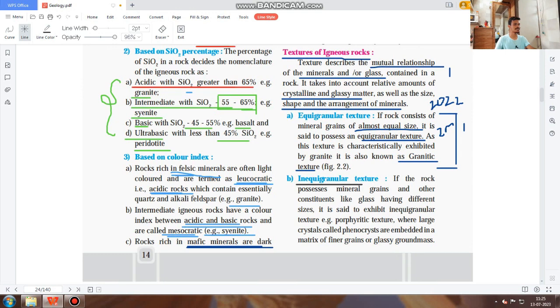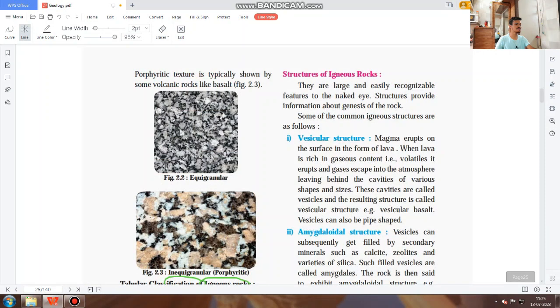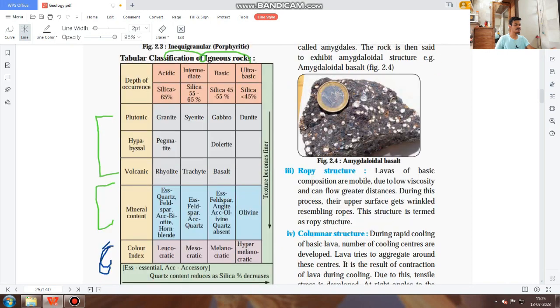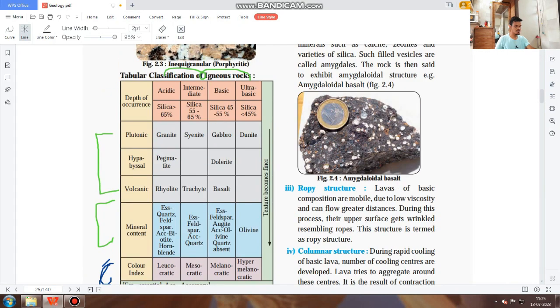Next is inequigranular texture. The basic difference is that the grains have different sizes. That is why it is called inequigranular. An example is porphyritic texture, in rocks like basalt.